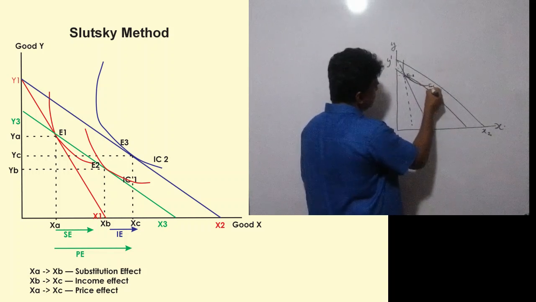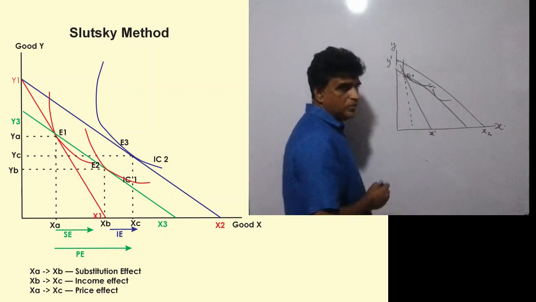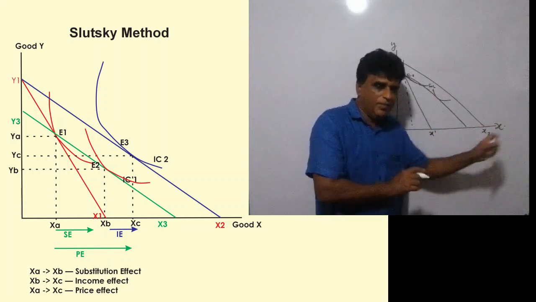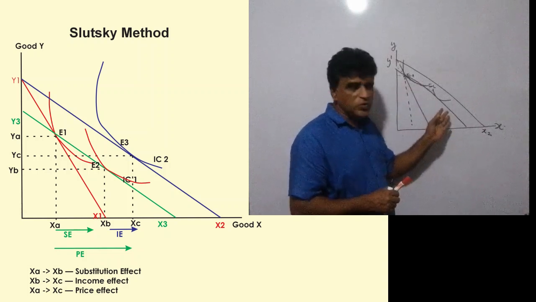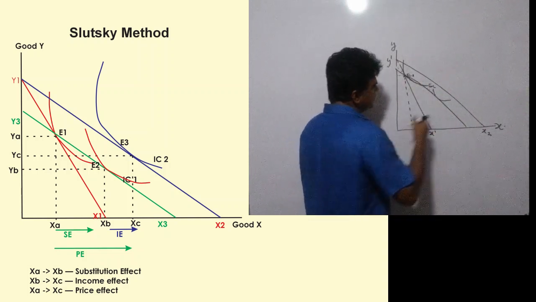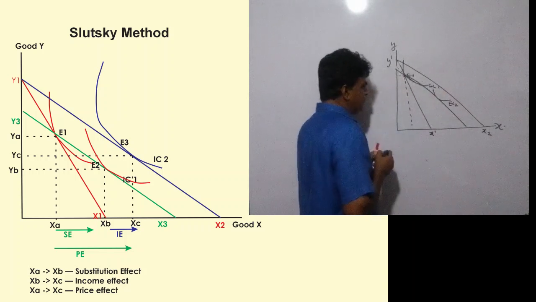According to Slutsky, there should be another indifference curve. In the Hicksian method, we used only two indifference curves, the initial one and the new one. Here we are using another, IC2, and this is IC1, right?